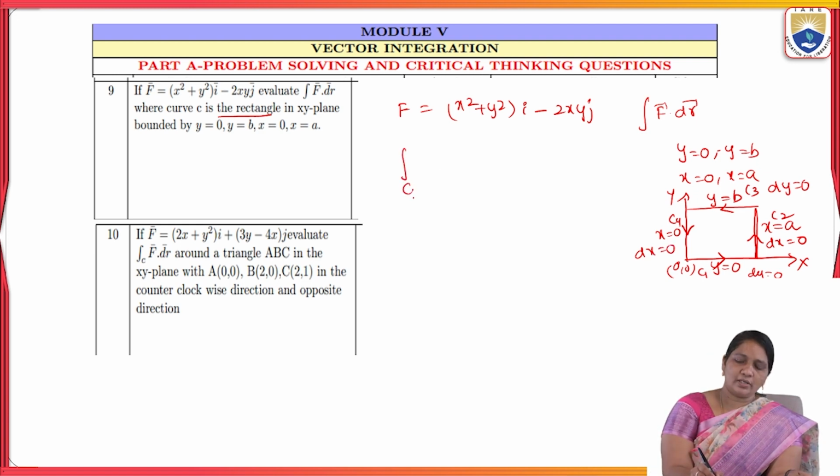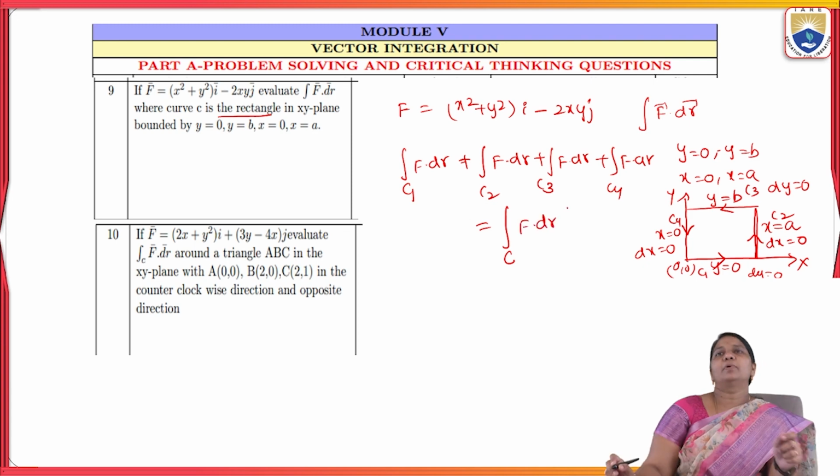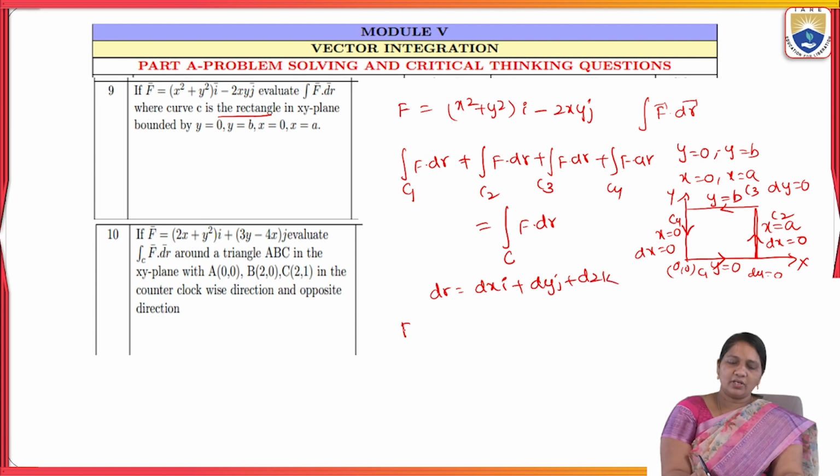Like this, we have to calculate along C1 the F dot dr value, plus along C2 the F dot dr value, plus along C3 the F dot dr value, plus along C4 the F dot dr value. This value becomes the final value over the complete rectangle C. So already we know dr is nothing but dx i plus dy j plus dz k. They gave the F value, x square plus y square into i minus 2xy into j.